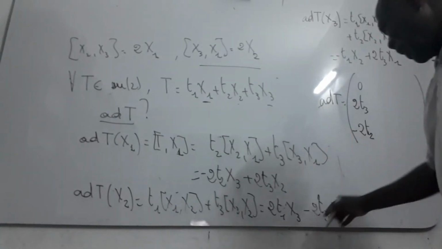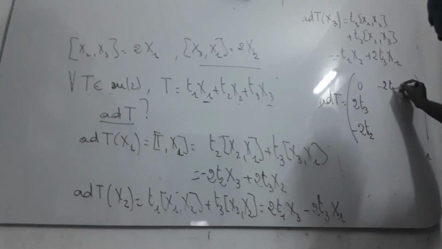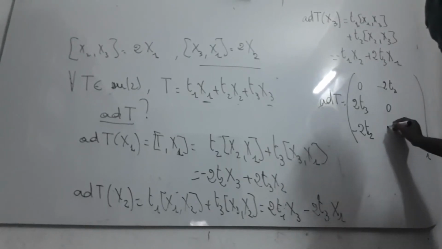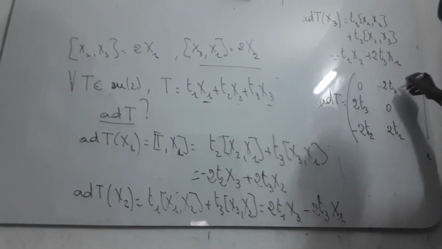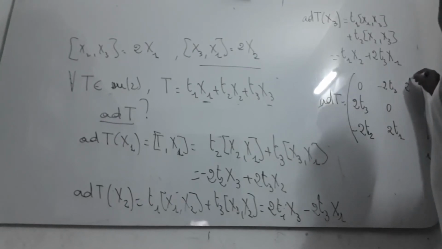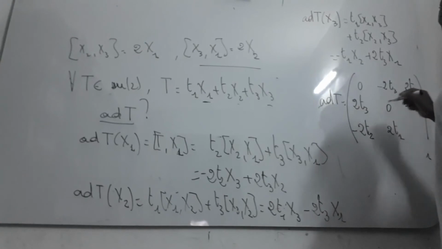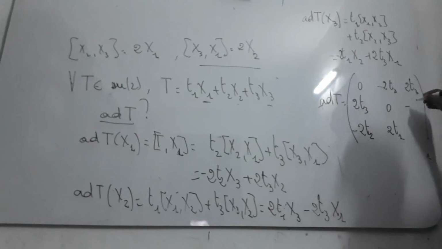And the second row you have minus 2 T3, then 0, and also 2 T1. And here you have 2 T2, minus 2 T1, and then 0.